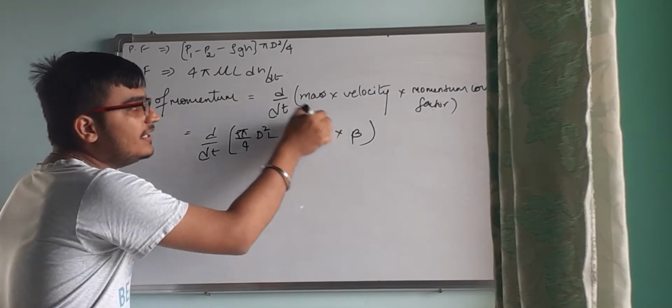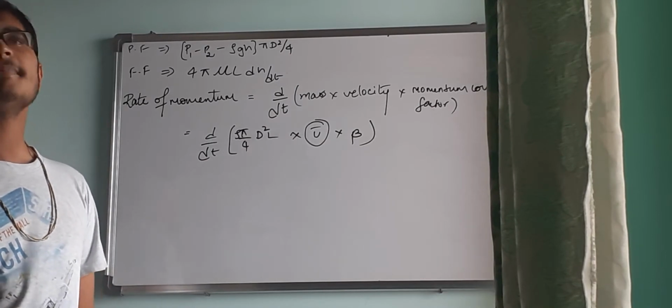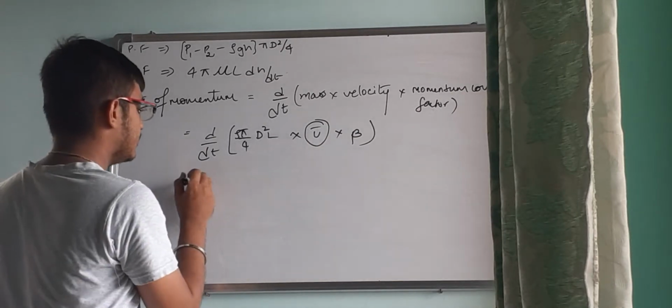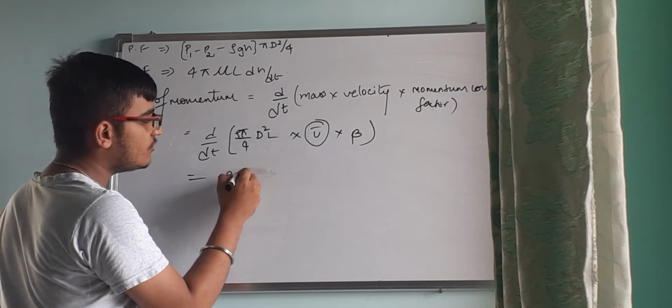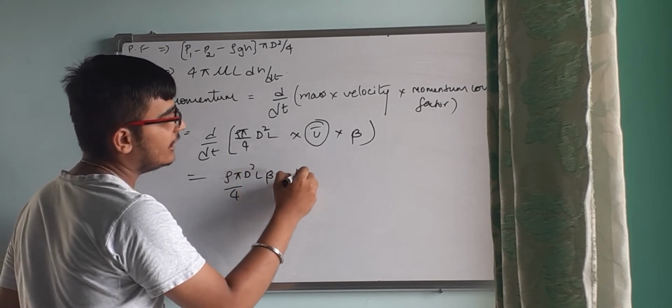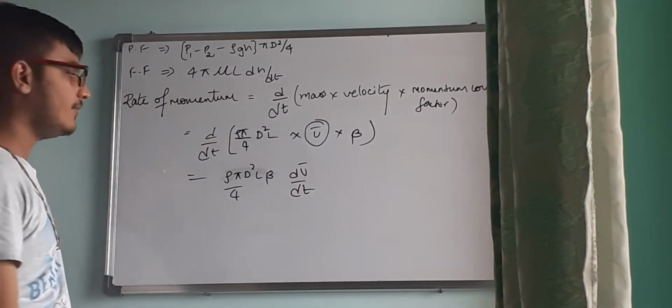The only parameter that is changing is velocity, so the remaining terms can be taken common. So rho pi by 4 d square L into beta into dV bar by dt.